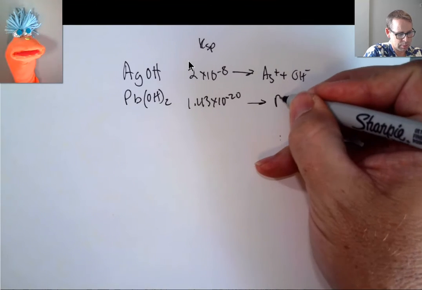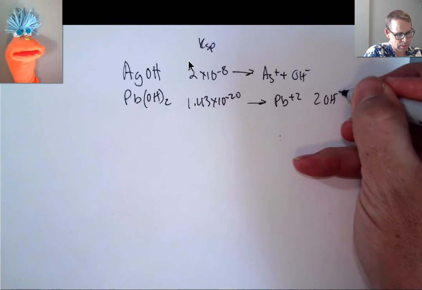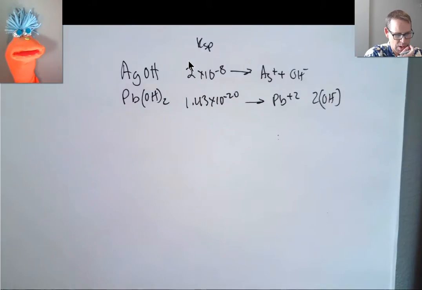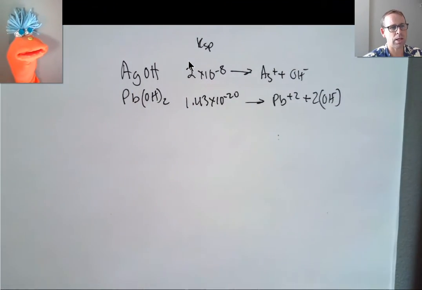We get a similar dissociation, lead 2 ions and 2 hydroxide ions, for our lead 2 hydroxide.